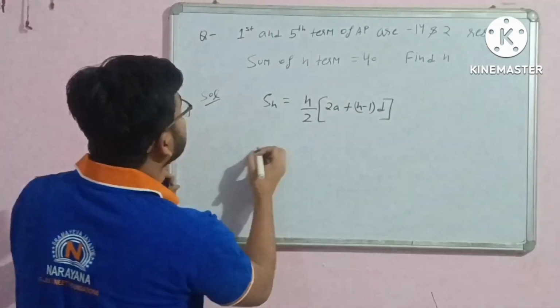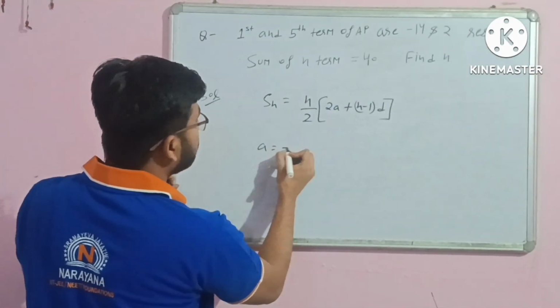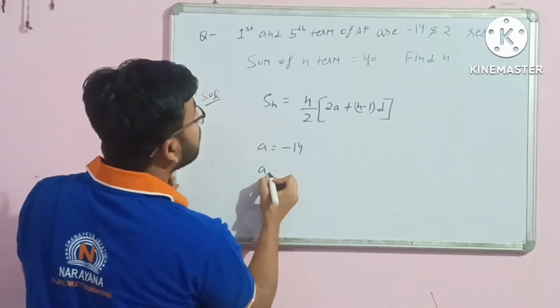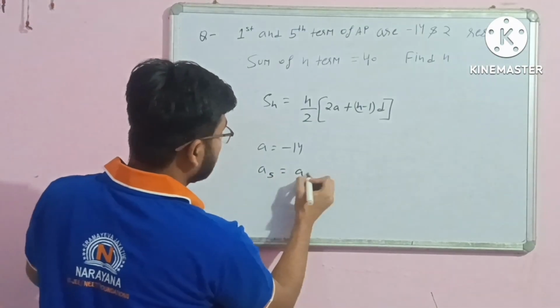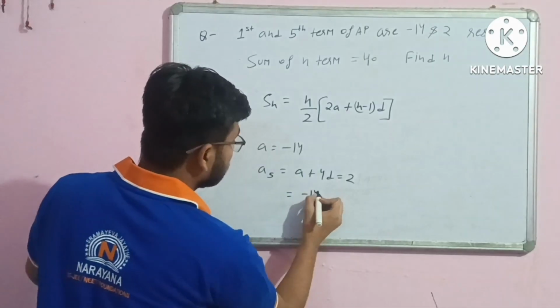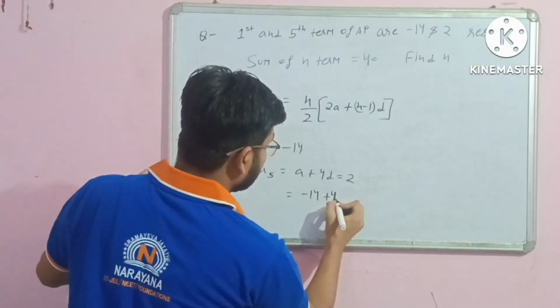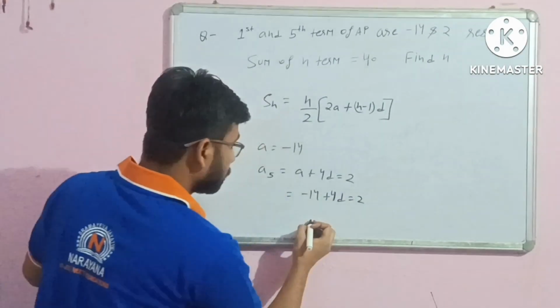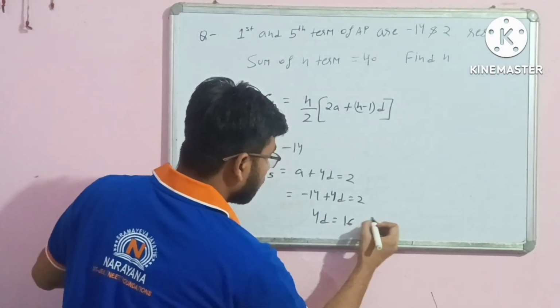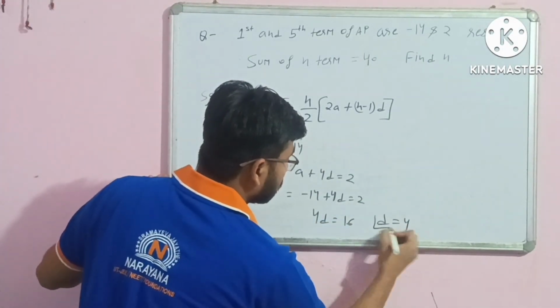So the first term is minus 14, and a5 is a plus 4d, which becomes equal to 2. Then minus 14 plus 4d becomes equal to 2. So 4d is 16, so here d is 4.